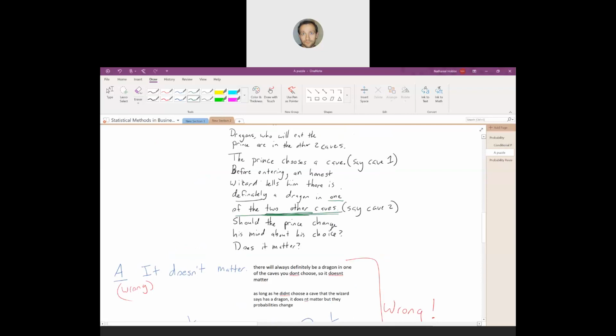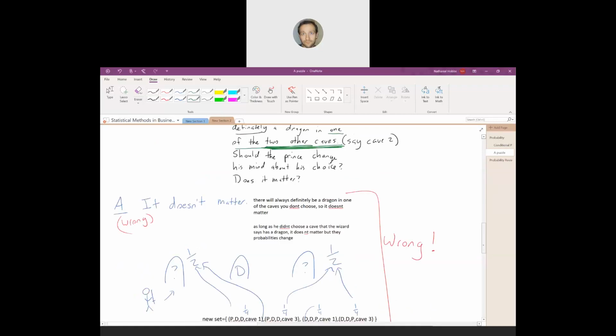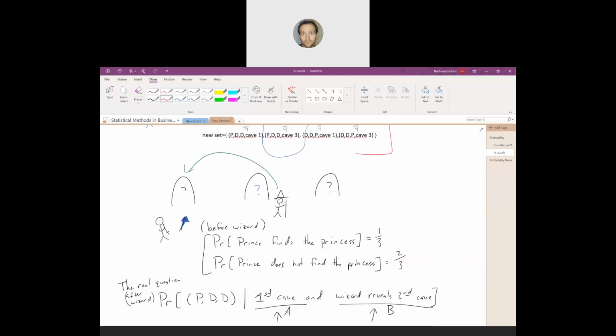So the wizard cannot reveal this one, because that's not the puzzle. Now the wizard could reveal this cave, or he could reveal this cave. Agreed? So there's 3 caves, one of which the wizard can't reveal anything about. He can reveal something about the other 2.